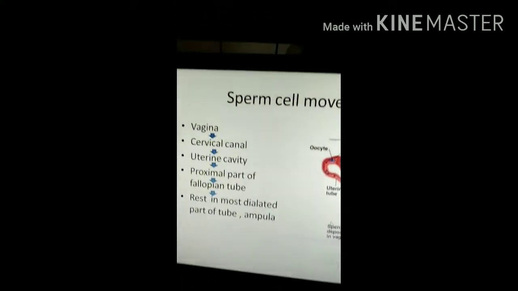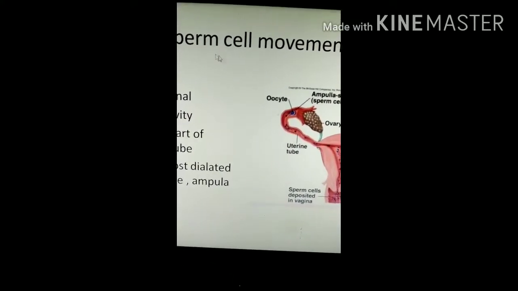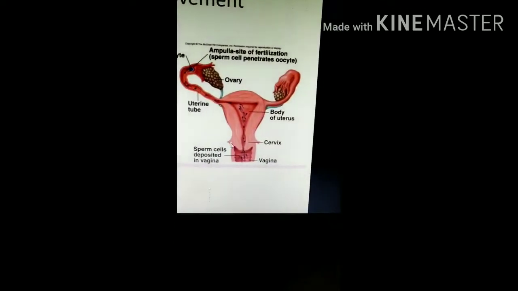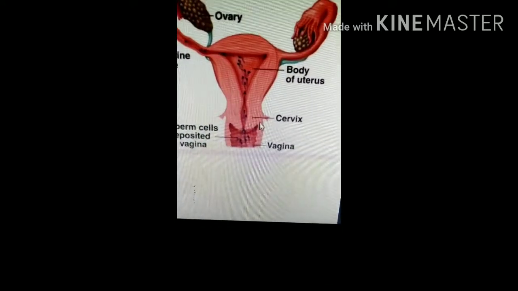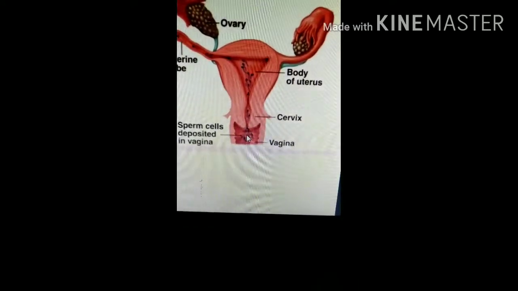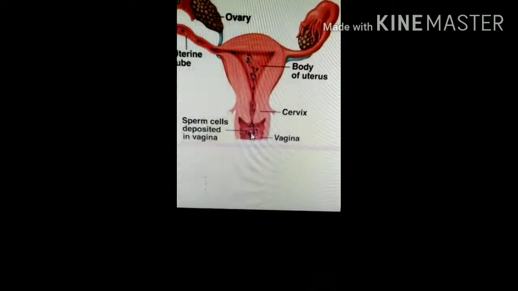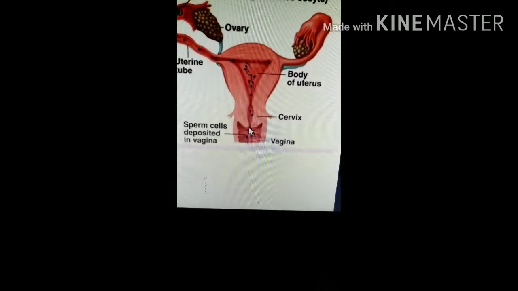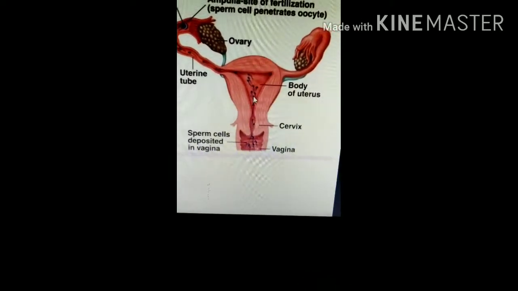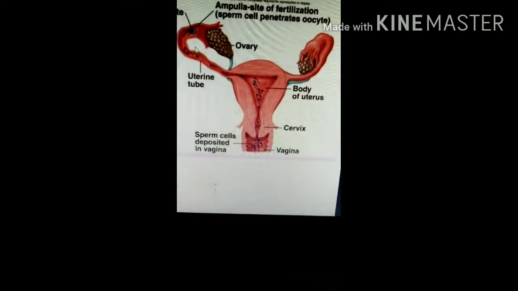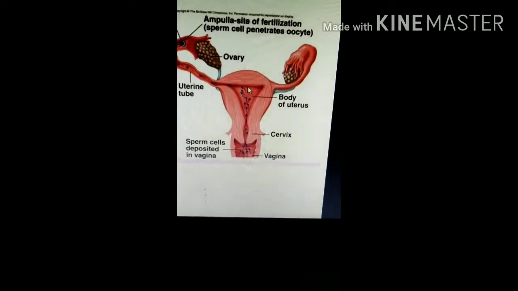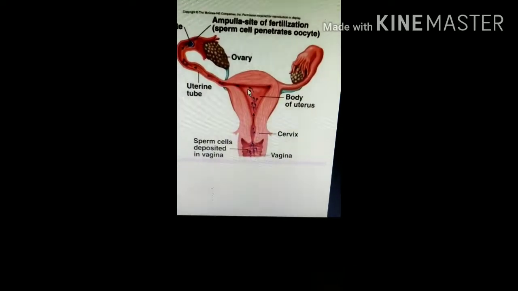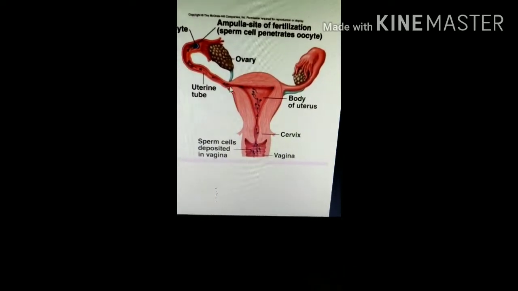Now, sperm cell movement. The sperm is naturally deposited in the vagina, and from the vagina the sperm start their journey to the fallopian tube. First they overcome the cervical canal, then the uterine cavity, and enter the fallopian tube.